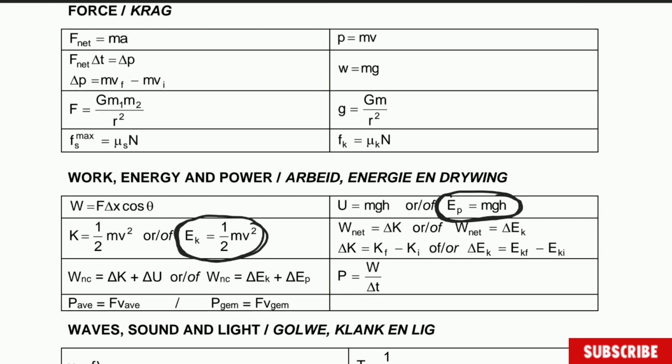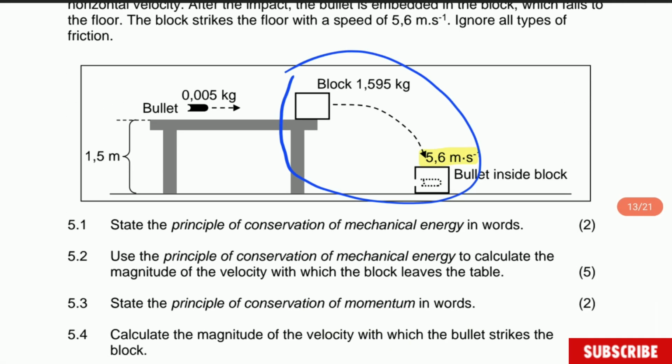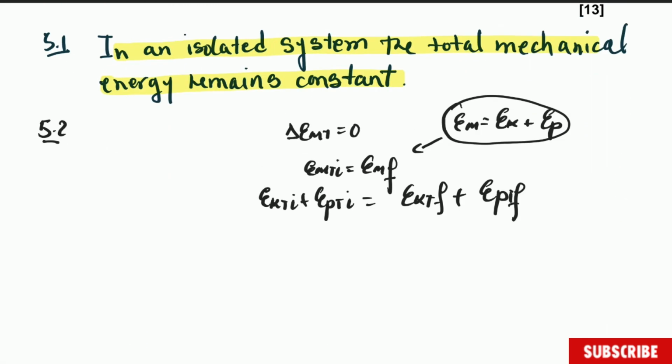So we're going to take those two formulas and substitute them in the equation here. The kinetic energy is equal to half mass multiplied by the speed squared, and potential energy is mass times acceleration due to gravity multiplied by height, and those are the two formulas we need to use here.